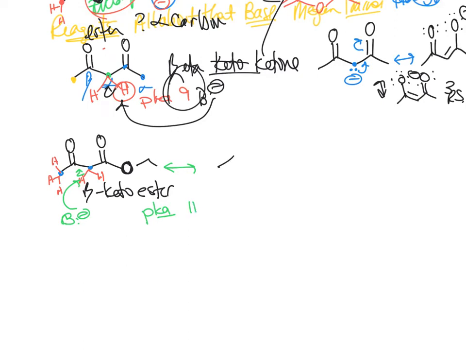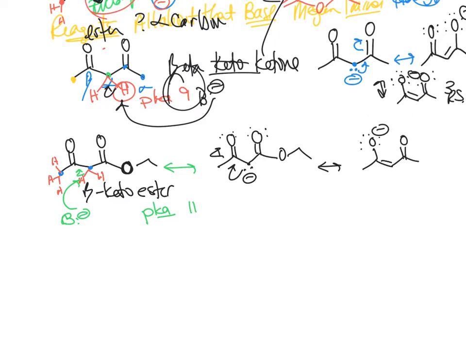So let me just draw. See how I just redraw this? This is your easiest bet. Put your monkey face right there, okay? And if I have to draw the resonance structures, then this is how you do it. I'm sure you're going to have to do that in your POGIL for this week. Okay, and then you could draw it the other way. So you do get 3 resonance structures on these.